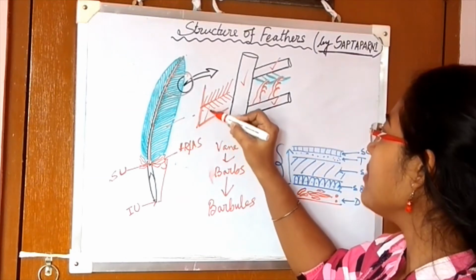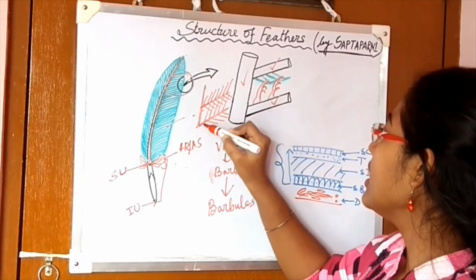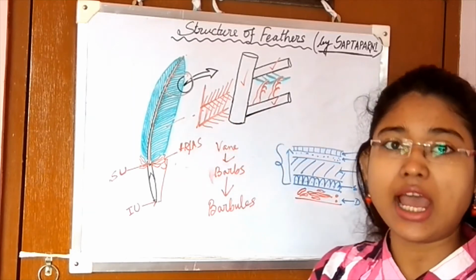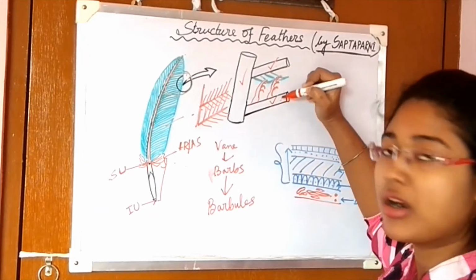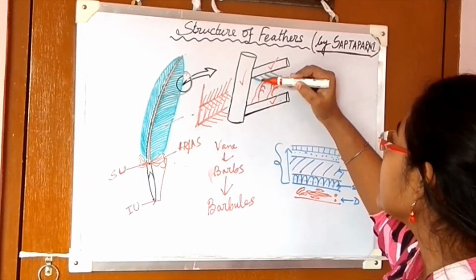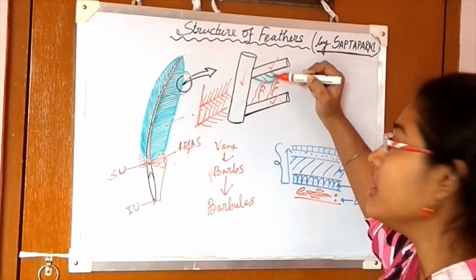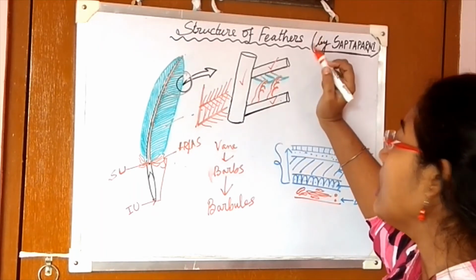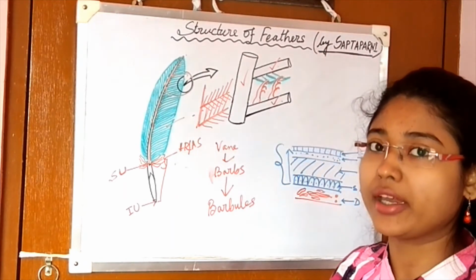Now, barbules of two adjacent barbs actually interact with each other and interlock. Okay, if these are the two barbs, you will find that from this barb there are some structures arising at the lower portion. These green barbules are known as the proximal barbules.